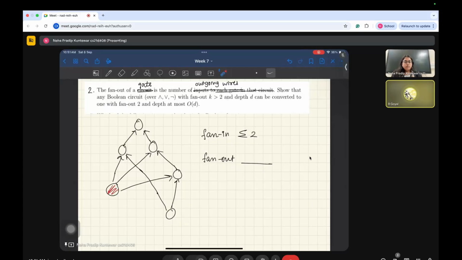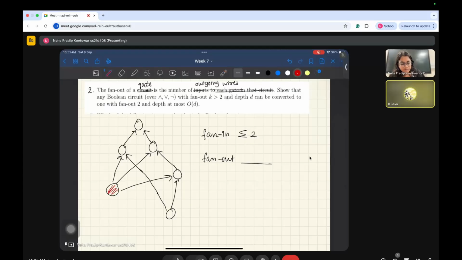So now I need to show that I can restrict the number of outgoing wires to 2. Even if I have many wires, say in this red node, 3 outgoing wires, and I want to restrict it to 2, what do I need to do?